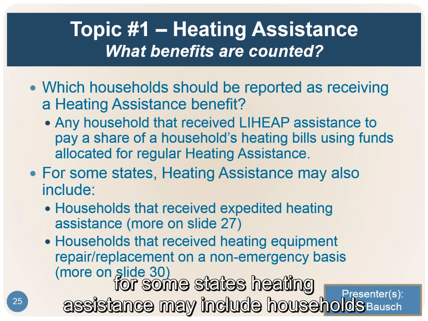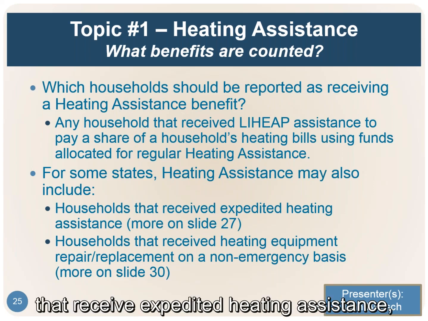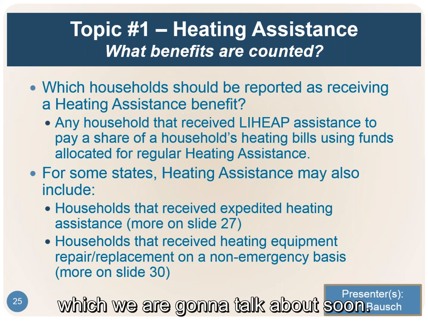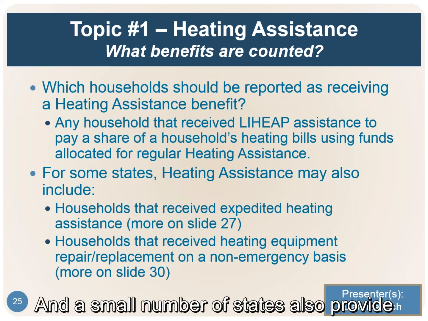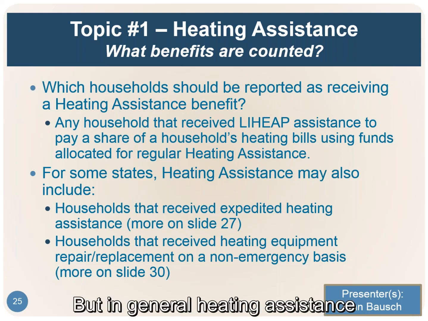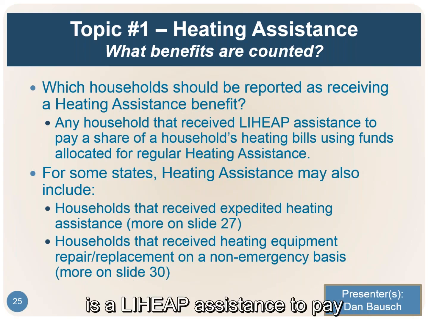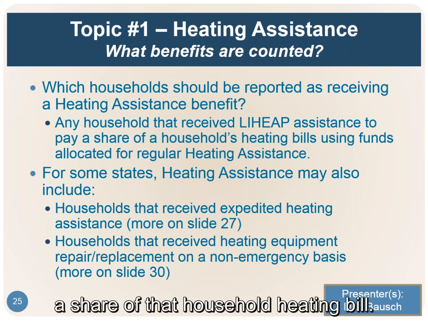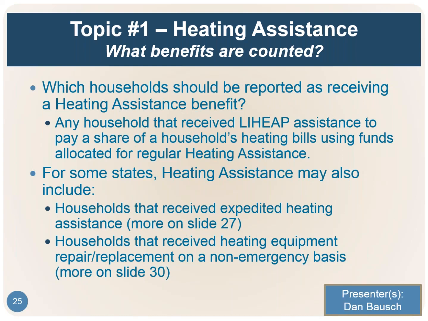For some states, heating assistance may include households that receive expedited heating assistance, which we're going to talk about soon. And a small number of states also provide repair and replacement on a non-emergency basis that would be counted here. But in general, heating assistance is LIHEAP assistance to pay a share of a household's heating bill.